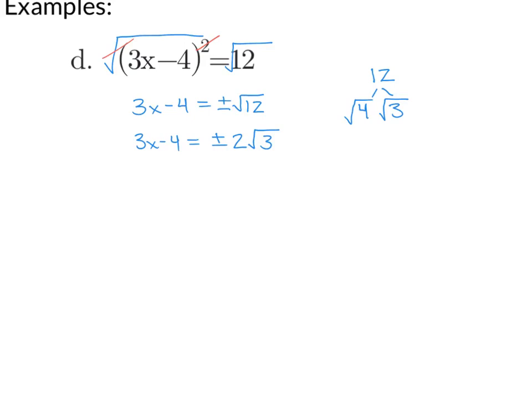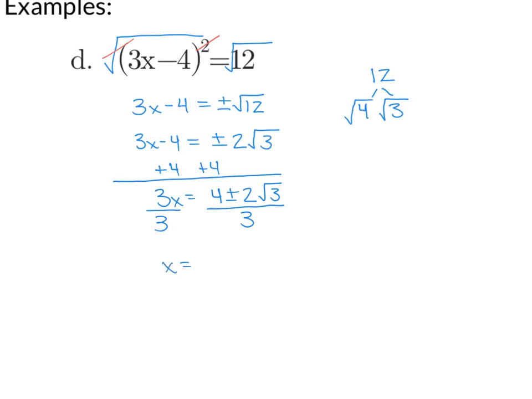Okay, from here we go ahead and finish solving, so I'm going to add 4 to both sides. We get 3x equals 4 plus or minus 2 square root of 3. And then I can divide by 3.